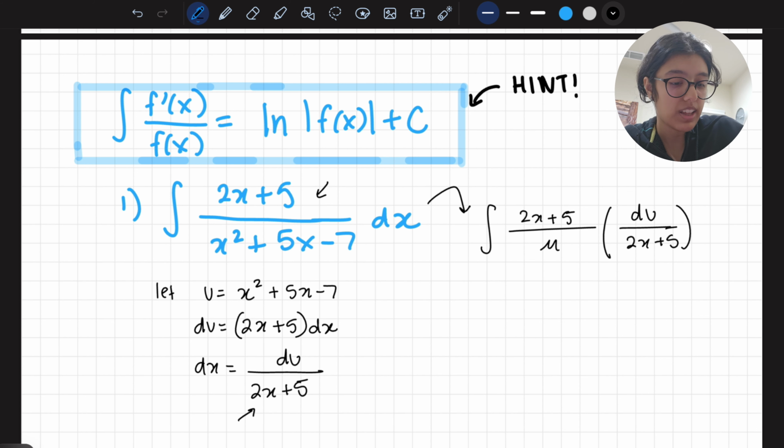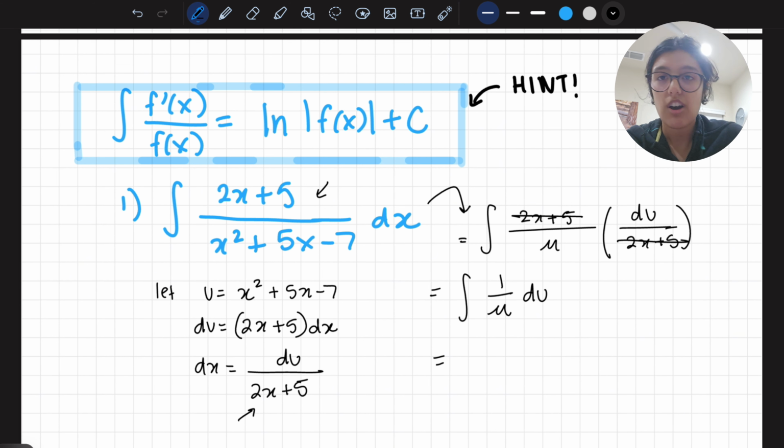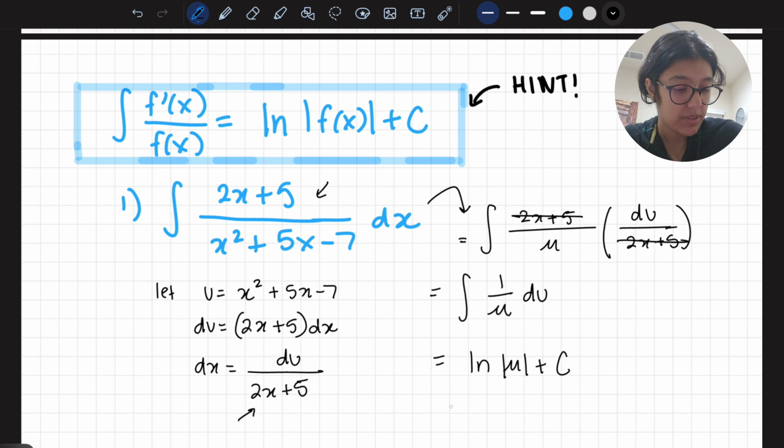You can see why I left that 2x plus 5 over there: this and this get canceled. Now you're left with integration of 1 over u du. And automatically we know that this is natural log of u plus c. Substituting that, we get natural log of u, which we said was x squared plus 5x minus 7, plus c.